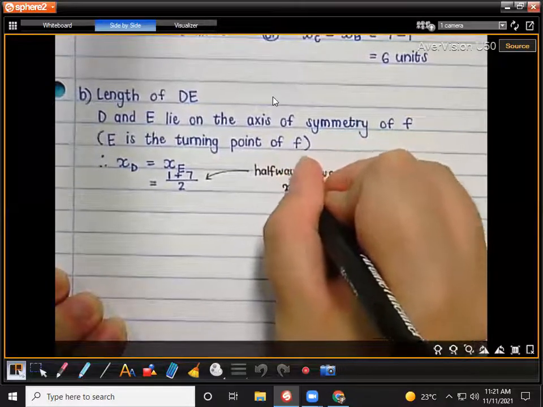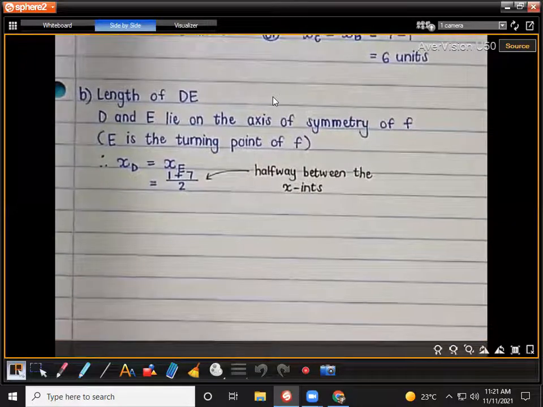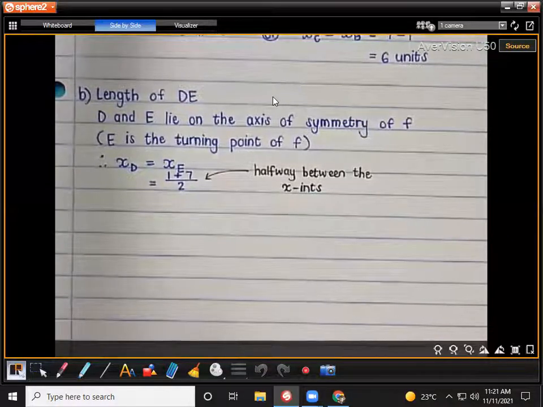And guys, you can always use this method if you are finding the turning point of a parabola. We have the minus b over 2a formula. We could have used that because we have the equation, but we might not have the equation. They might just tell us these are the two X-intercepts, find the turning point.